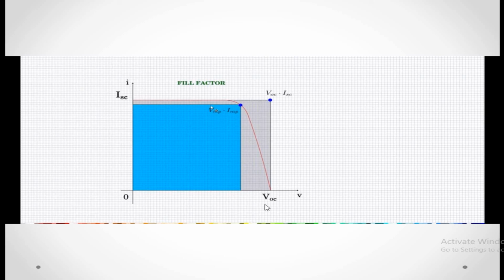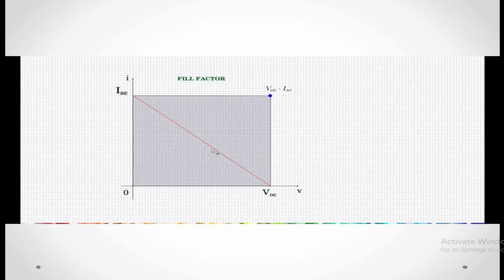Now let us take one PV cell having flat line characteristics. Here the red color line indicates the IV characteristics of a PV cell which has a flat line. The gray color box indicates the theoretical value of the maximum operating region of the PV cell. Here VMP and IMP are the practical maximum operating point of the PV cell with IV characteristics shown like this.